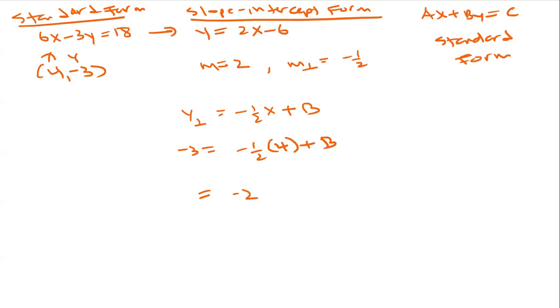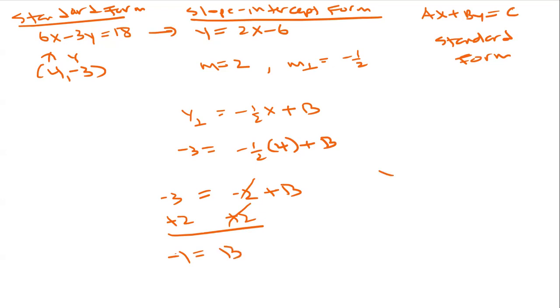So this would be -2. And they still have a -3 out there in the front and then plus b. Our goal is to solve for b. So we're going to add 2 to both sides. And that gives us a -1 for b. What's b again? The y-intercept.